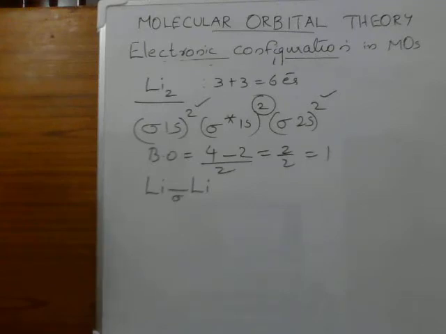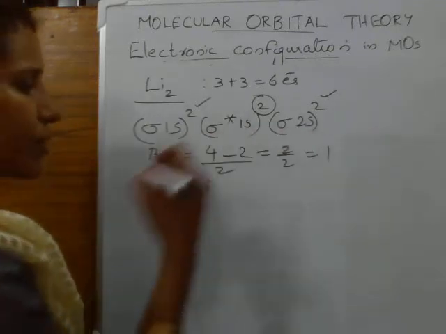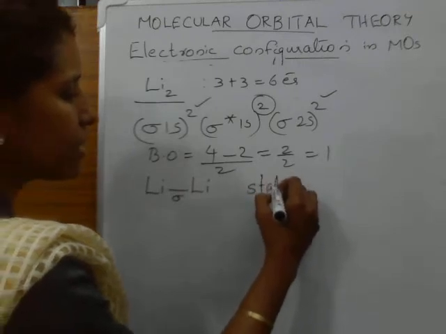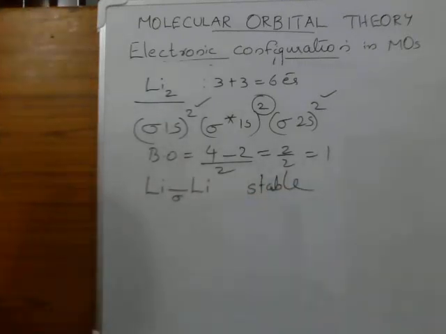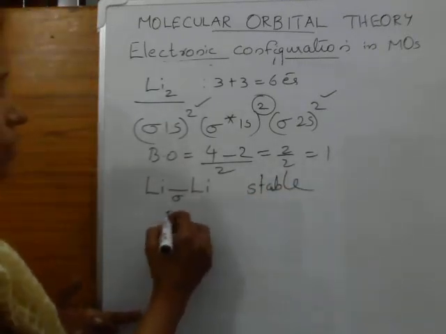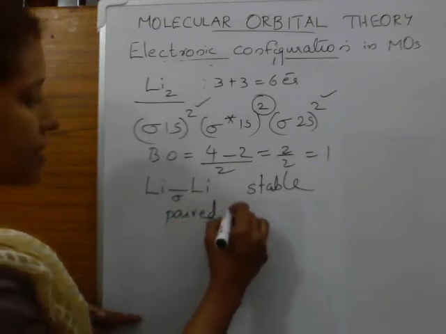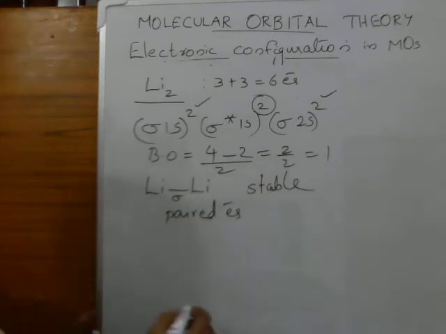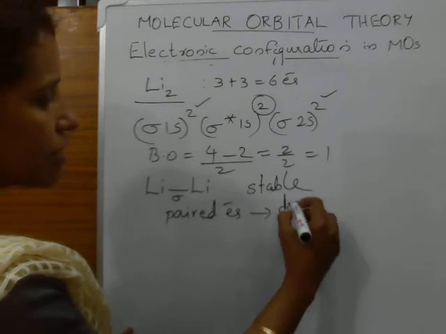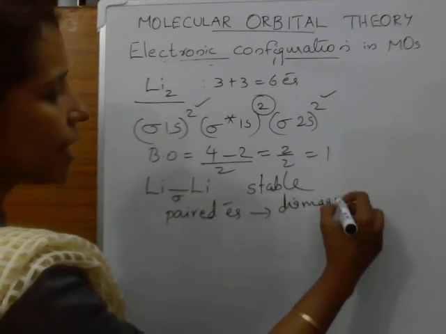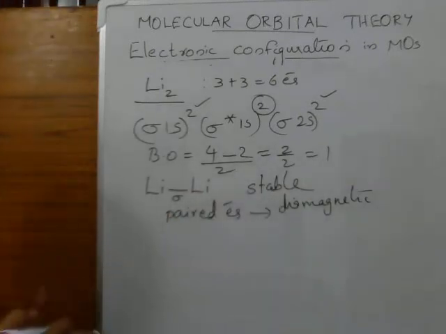Okay children, and what about the stability? Bond order is 1, hence Li2 molecule is stable. What about its magnetic character? It contains all the electrons paired, no unpaired electron, hence the magnetism is diamagnetic. Actually this diamagnetic Li2 molecule exists in vapor state.